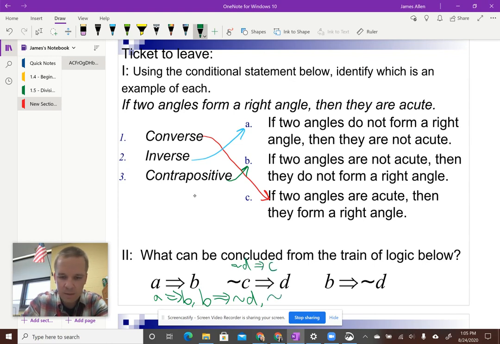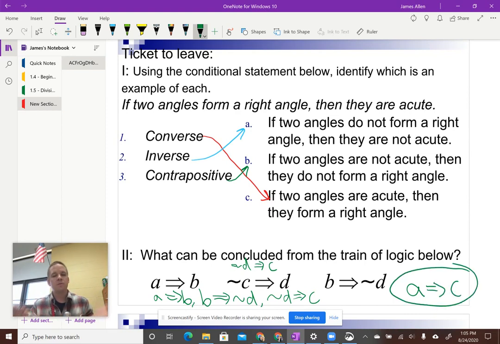Which would link up with the previous statement. So I can say A, then C. So I'm able to use that contrapositive to manipulate my statements so that I can provide a nice little conclusion there. If A, then C.